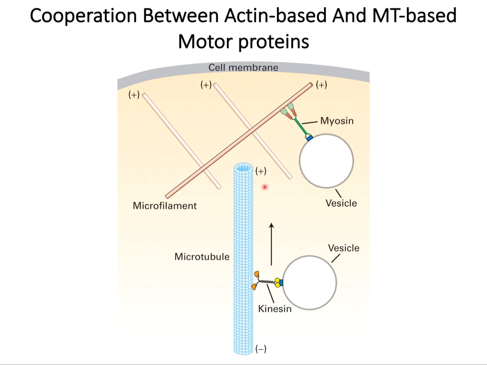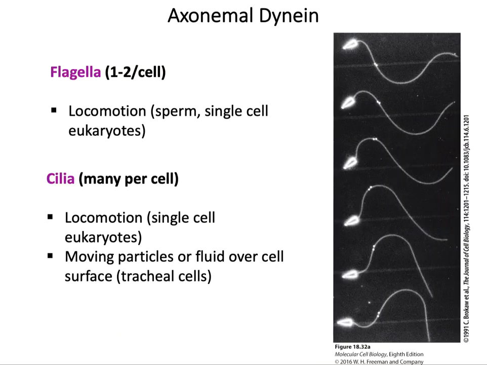This vesicle can become associated with myosin and then jump from the microtubule to the actin microfilament and continue its journey towards the outside of the cell. So you can get cooperation between kinesins and dyneins, and cooperation between microtubule-based motors and actin-based motors.